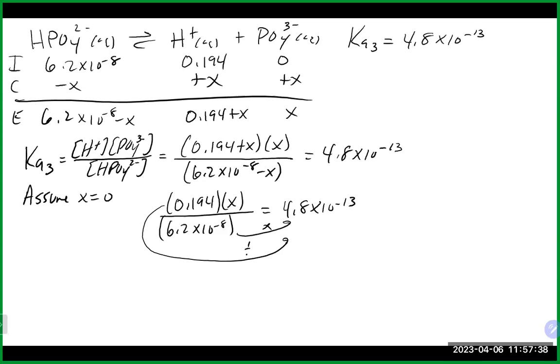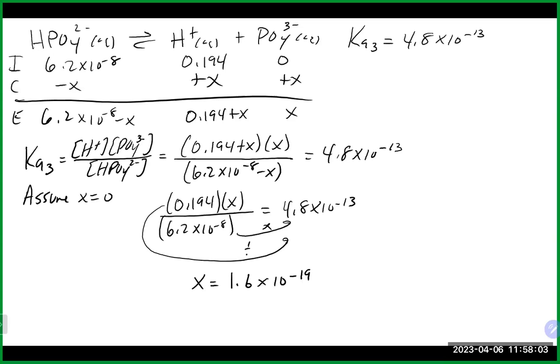And if we do that, we get 4.8 times 10 to the minus 13 times 6.2 times 10 to the minus 8, and then divided by 0.194. That is going to give us an x value here of 1.6 times 10 to the minus 19.